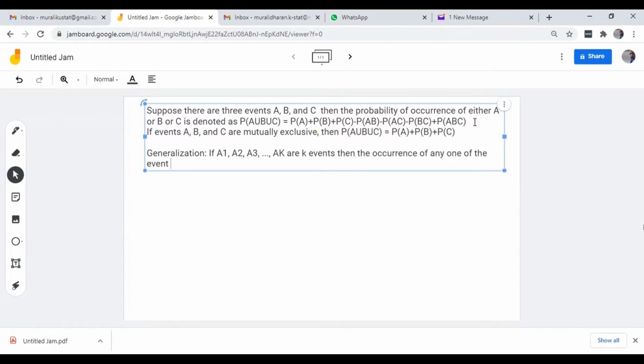So that's the general meaning. So occurrence of any one of the events is given as follows.